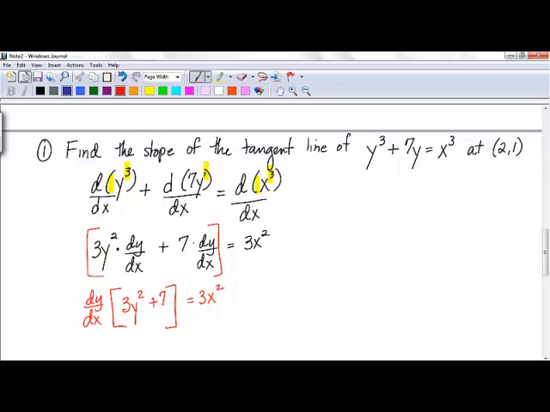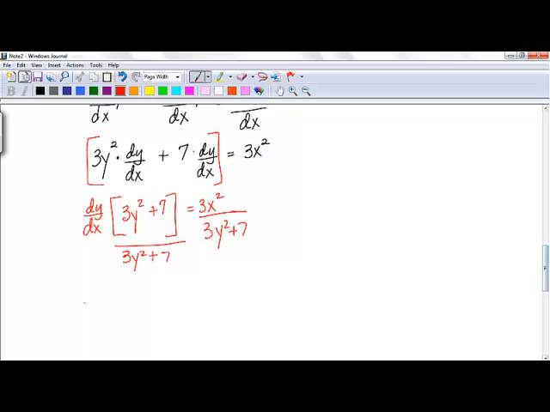Okay, so, and they're usually going to show you're going to divide by 3y squared plus 7 on both sides. Okay, so the derivative of y with respect to x equals 3x squared over 3y squared plus 7.